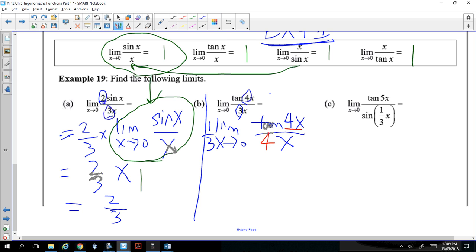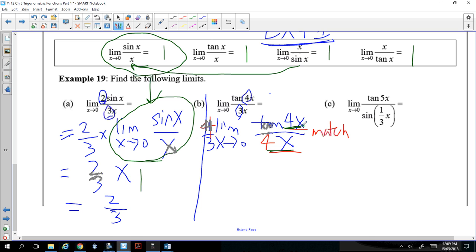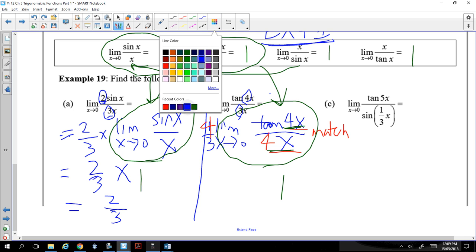If you have a 4 inside the angle, you also have to have a 4 in the denominator. Once we add a 4 in the denominator, we have to compensate by putting a 4 on the top. As long as these two numbers match, that becomes 1. I'm really using this result. So you write 4 over 3 multiplied by 1, which is just 4 over 3.